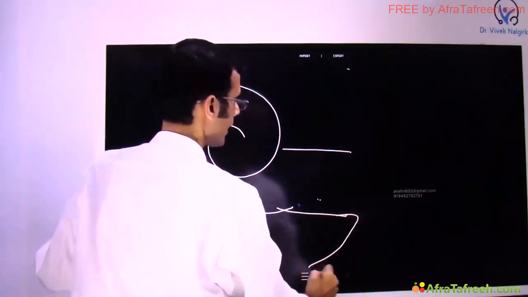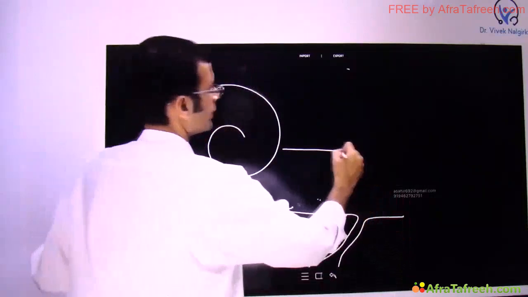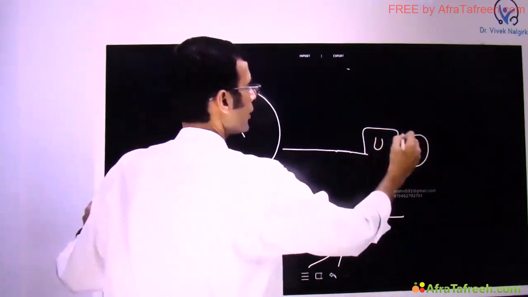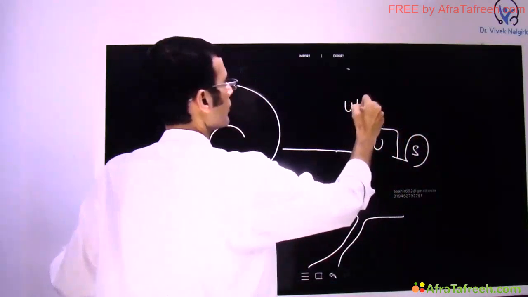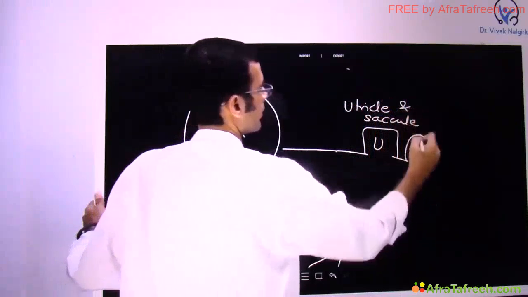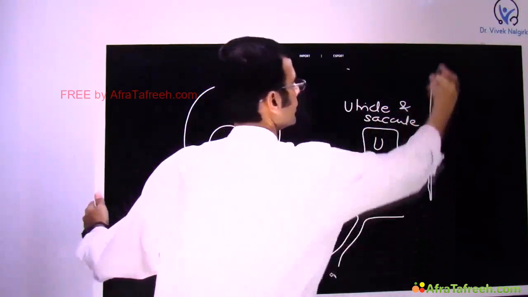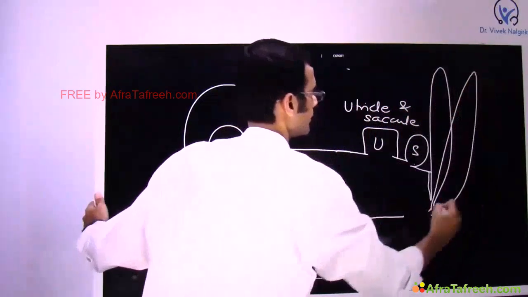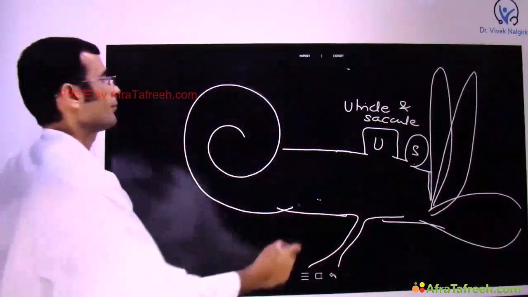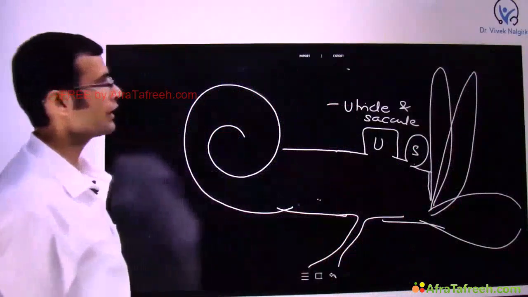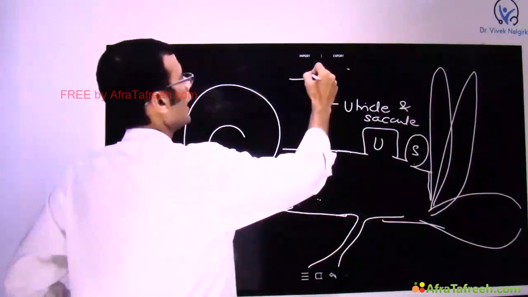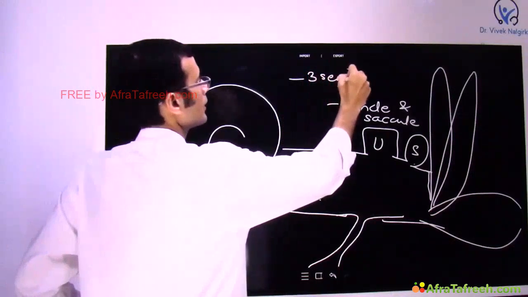So the vestibular apparatus has these structures: utricle and saccule, and then the three semicircular canals. So the organs for equilibrium are the utricle and saccule and three semicircular canals.